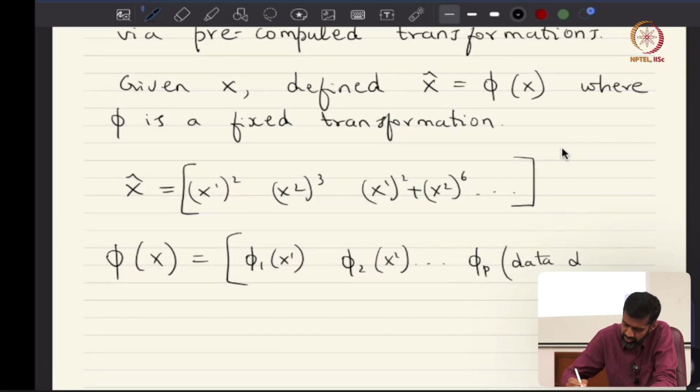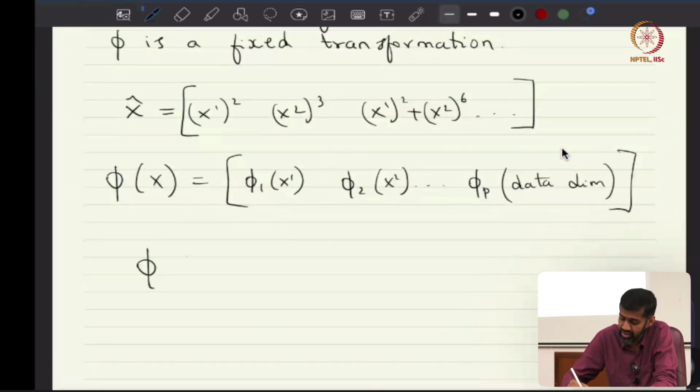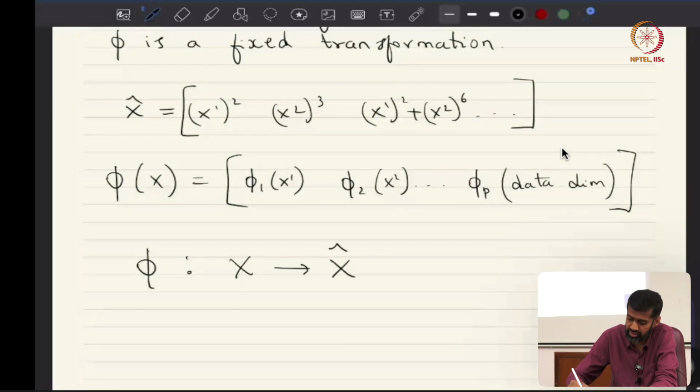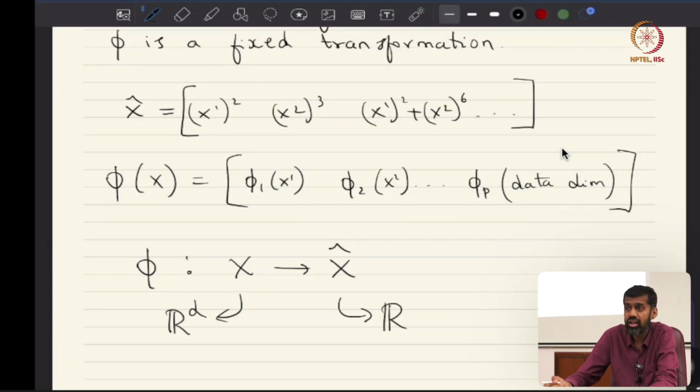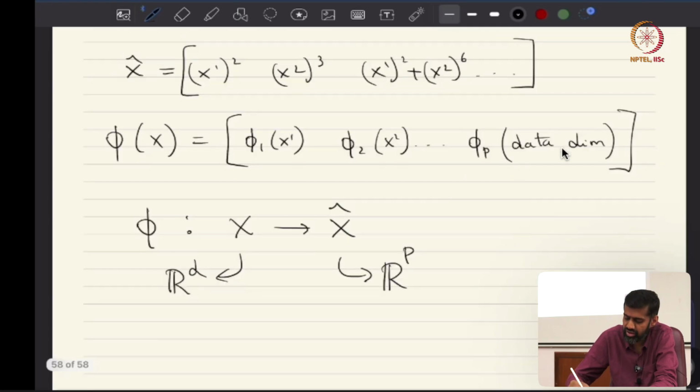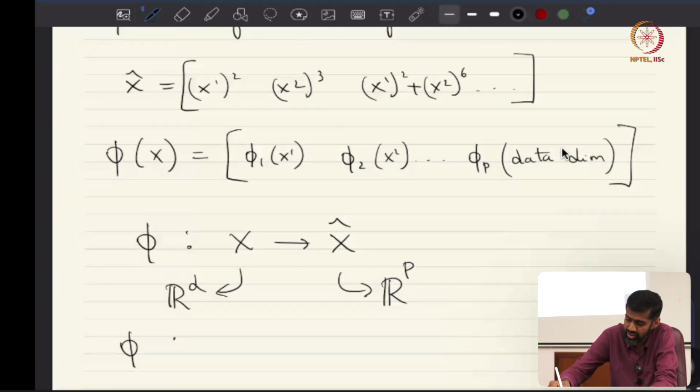Now what did we do? This function phi is taking the data x and mapping it into some other space x cap. Now this x is in Rd, and this can be in some Rp, and the function phi is a user defined design choice.